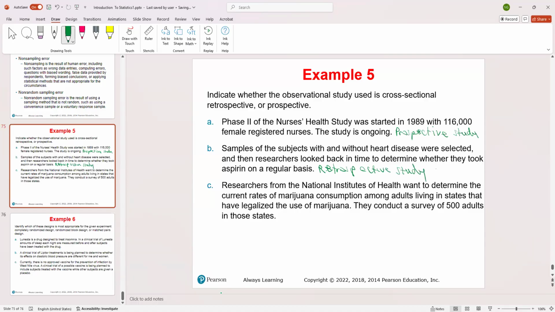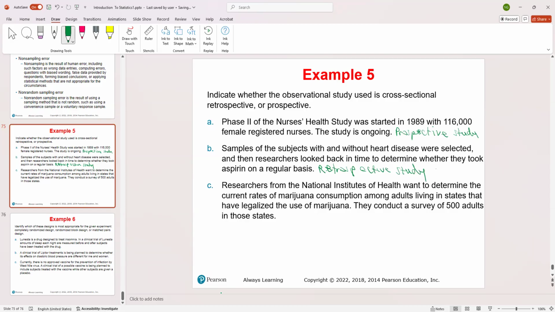Researchers from the National Institute of Health want to determine the current rates of marijuana consumption among adults living in states that have legalized the use of marijuana. They conduct a study of 500 adults in those states. Is it prospective, retrospective, or cross-sectional?